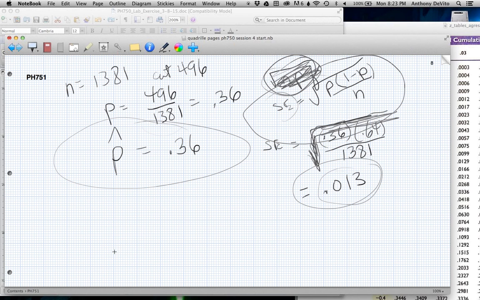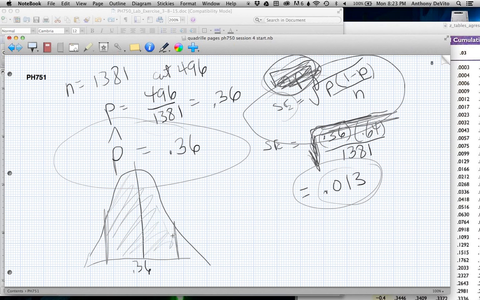So if I were going to take repeated samples of size 1381 from this population, I'm predicting that on average we're going to get a result of 0.36. We're going to get 95% of the outcomes, maybe, and when we talk about confidence intervals next week, we're going to take another look at this.